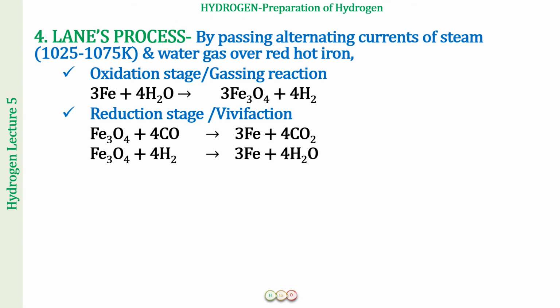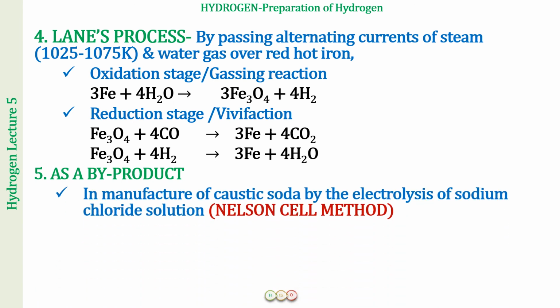The next commercial way of producing hydrogen is actually as the byproduct of many manufacturing processes. For example, in the manufacture of caustic soda by the electrolysis of sodium chloride solution, which is called the Nelson cell method, hydrogen is produced as a byproduct. We will be talking more about this when we will be studying the course on the alkali metals in the S block elements.